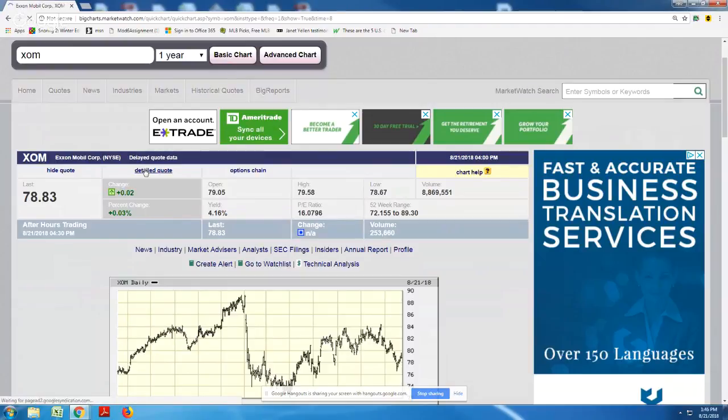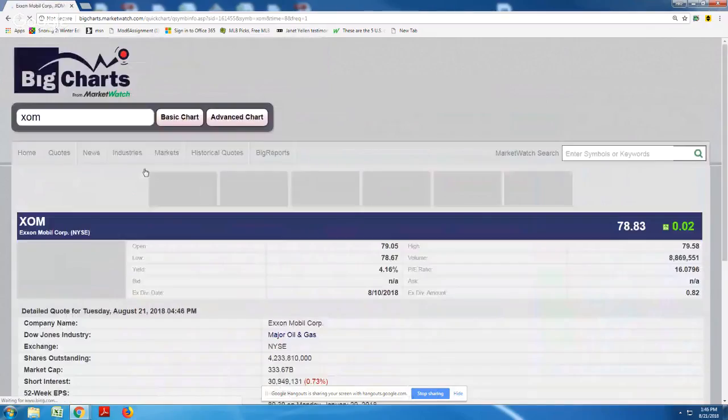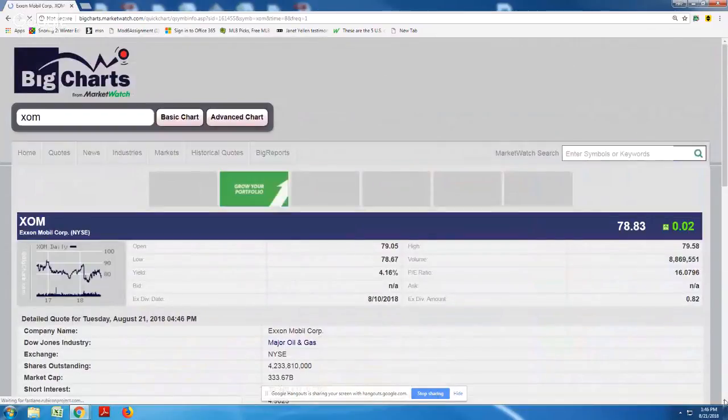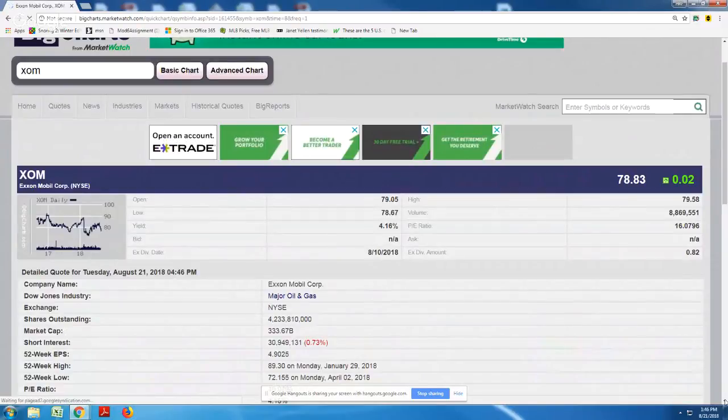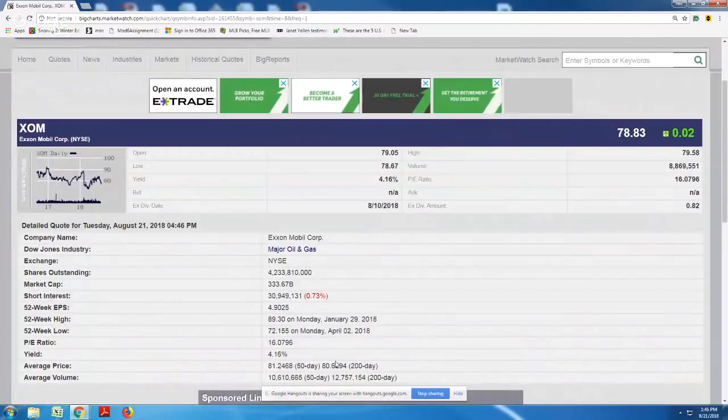Let's look at the moving averages here real quick. Again, it's in the major oil and gas business, as we all know, whoever's gone into a filling station to get gas. And basically, you're at 81.20 on the 50-day, and you're at 80.62 on the 200-day, still inverted to the upside, but the stock is trading under both averages, which is concerning.